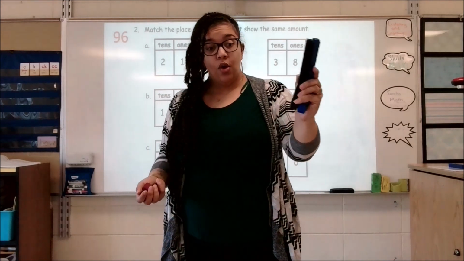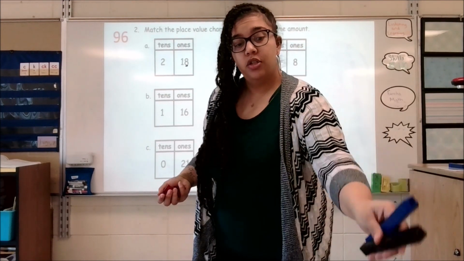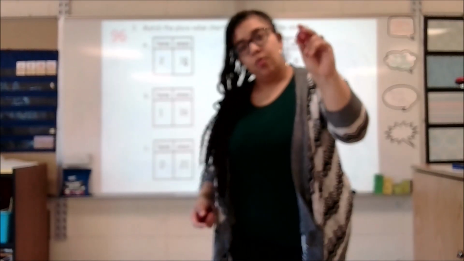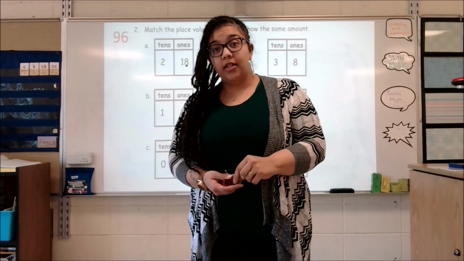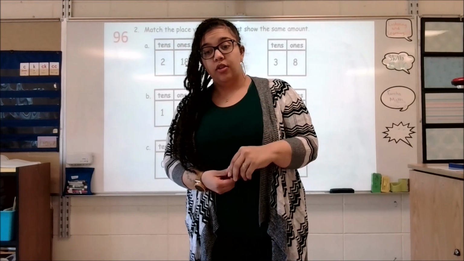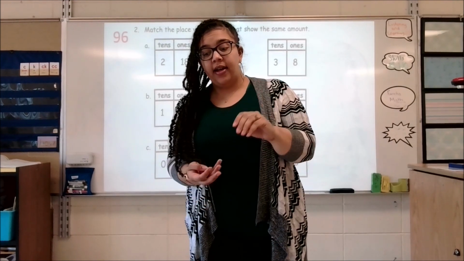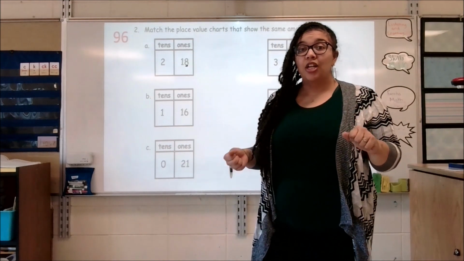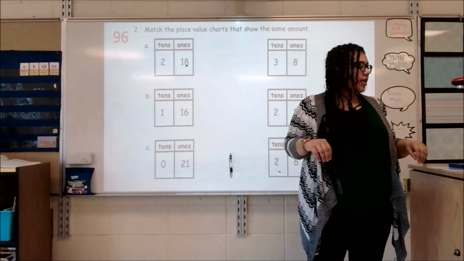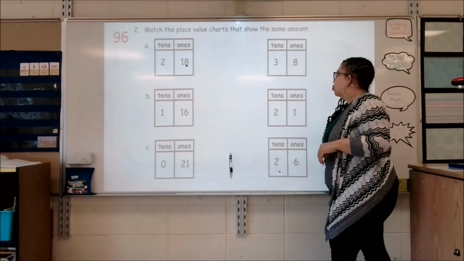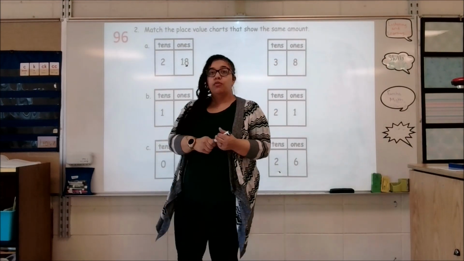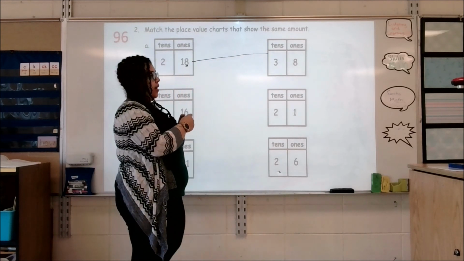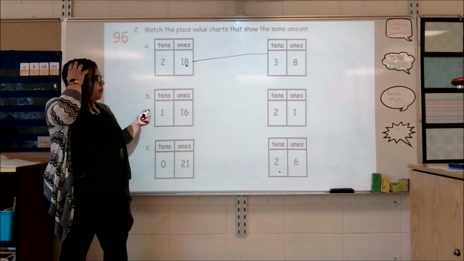So it's really 1 ten, 2 tens, 3 tens, 3 tens 1, 3 tens 2, 3 tens 3, 3 tens 4, 3 tens 5, 3 tens 6, 3 tens 7, 3 tens 8. So 2 tens and 18 ones is the same as 3 tens 8, which is right here, 3 tens and 8 ones.